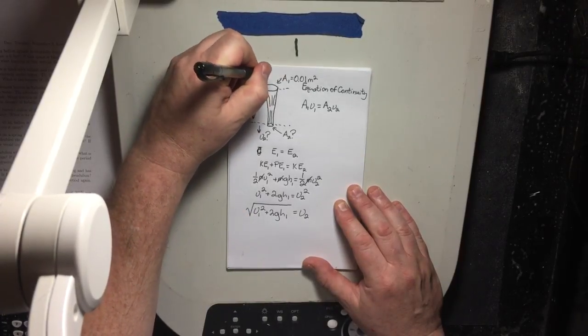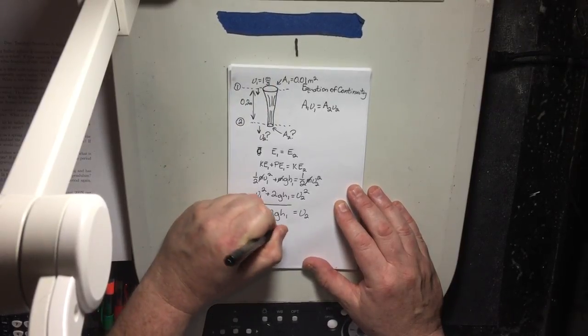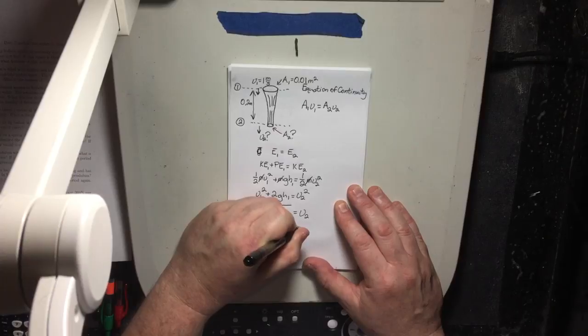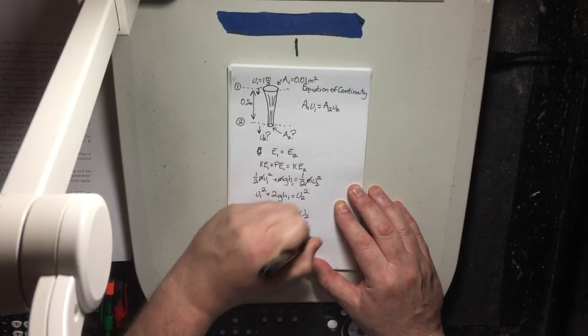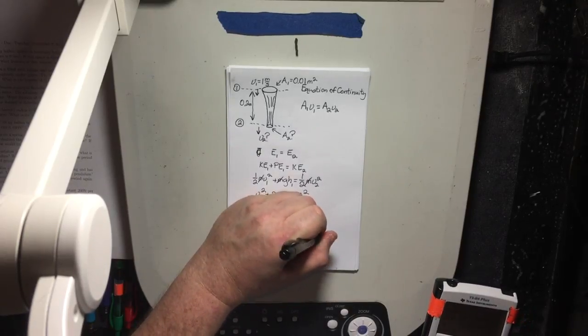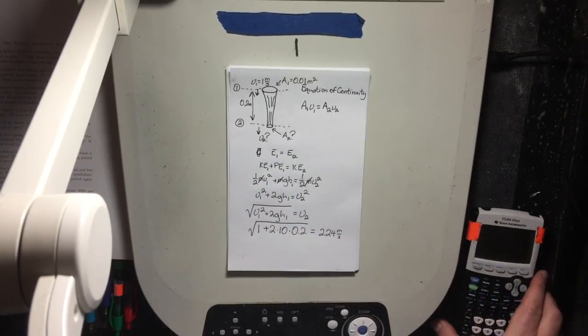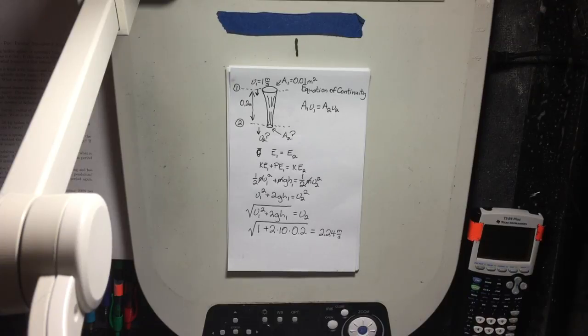Let's just say 1 meter per second. So the square root of 1 plus 2 times 10 times 0.2 gives me the square root of 5, 2.23 or 2.24 meters per second. That's the velocity of the water after it has fallen a mere 20 centimeters.